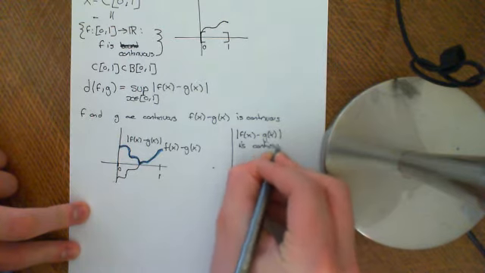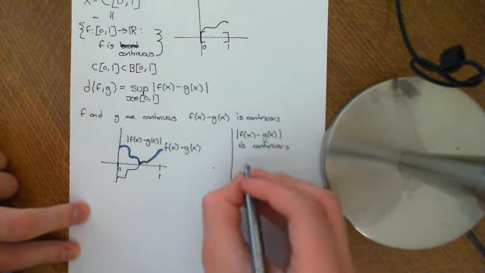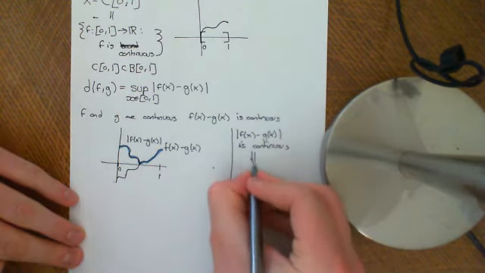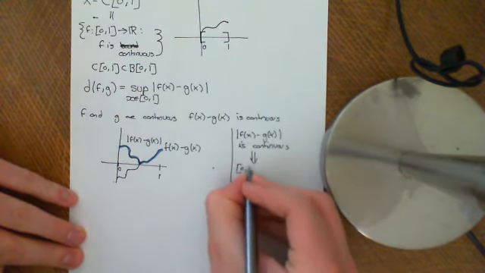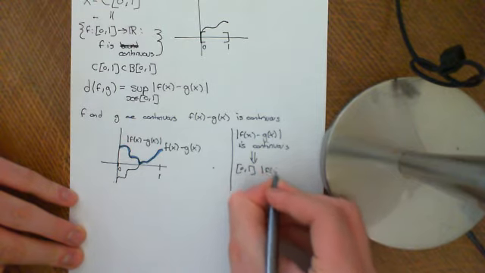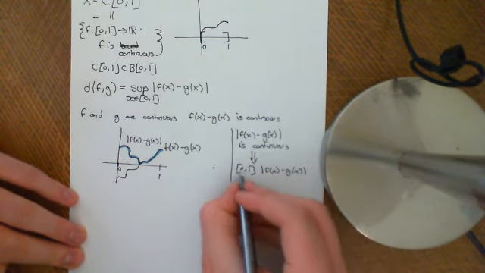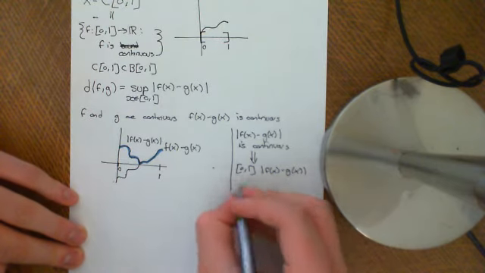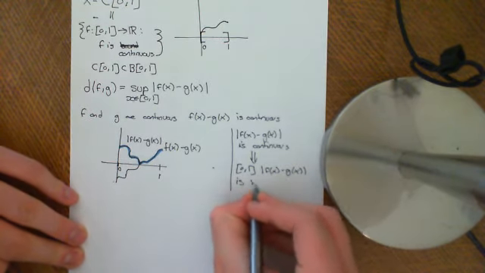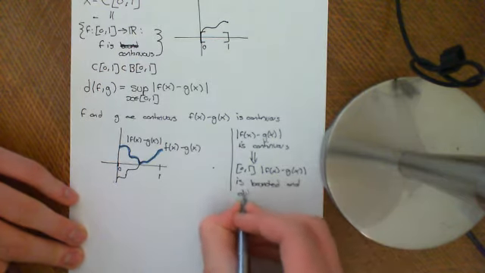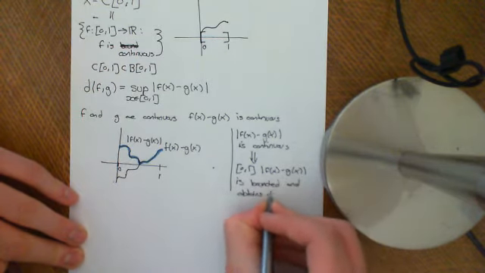Okay, that implies that on the interval 0 to 1, the modulus of f(x) minus g(x) is bounded and obtains its maximum and minimum, because it's a continuous function on this closed interval.